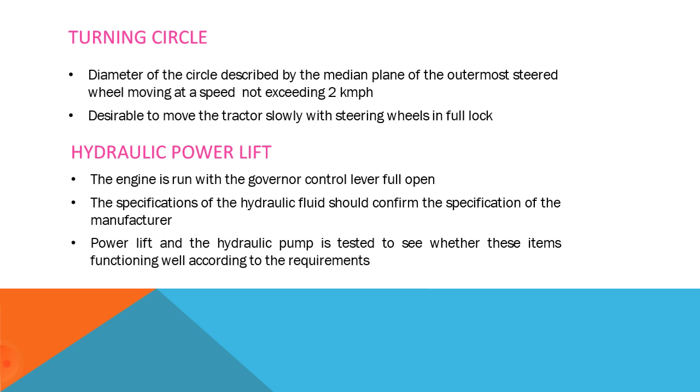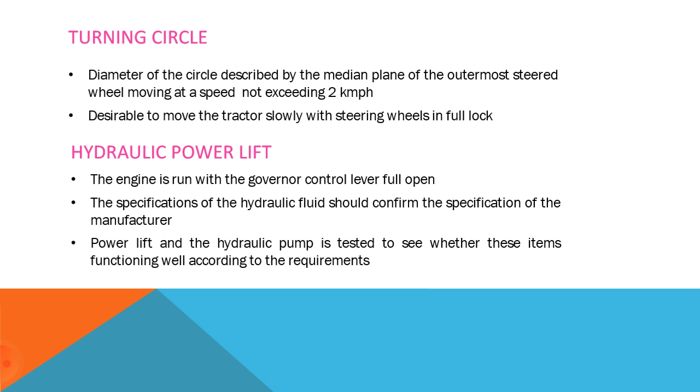Next is the turning circle. The turning circle is the diameter of the circle described when the tractor is taking the smallest turn, by the center part of the driven wheel. In case of our tractor, which is mostly a two-wheel drive tractor, the driven wheel is usually the rear wheel.